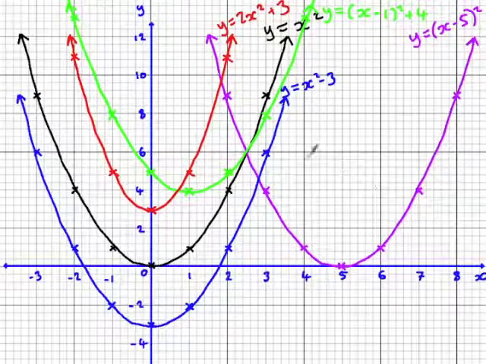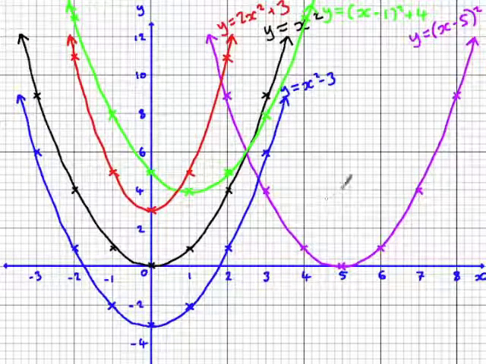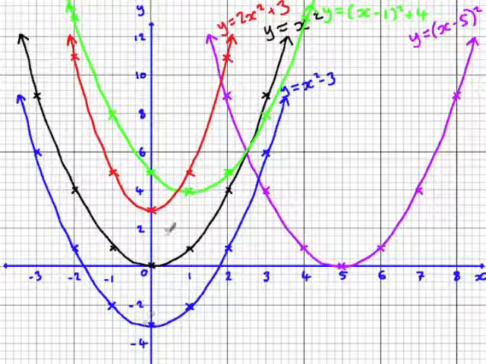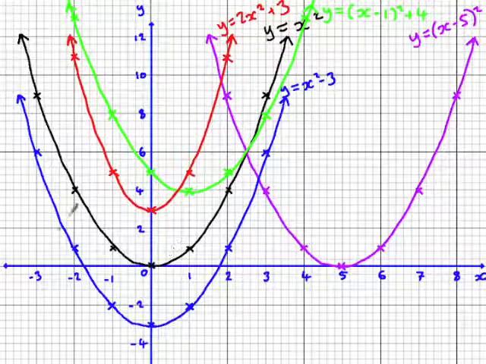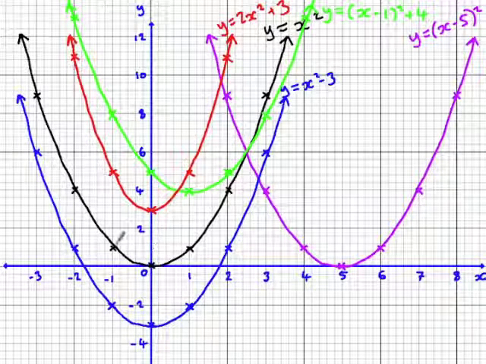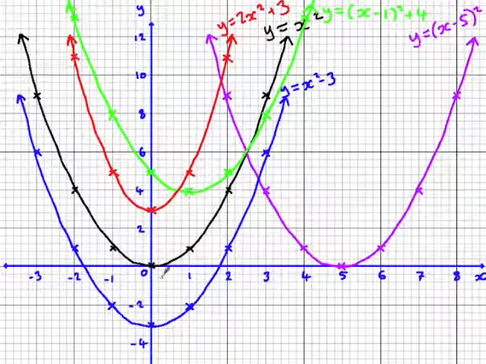Finally, because we've been working with parabolas in this lesson, I would just like to spend a few moments looking at a key feature of parabolas, which is the turning point, and see how the coordinates of the turning point relate to the transformation of the function. So in our original parabola, y equals x squared, the turning point is 0, 0.